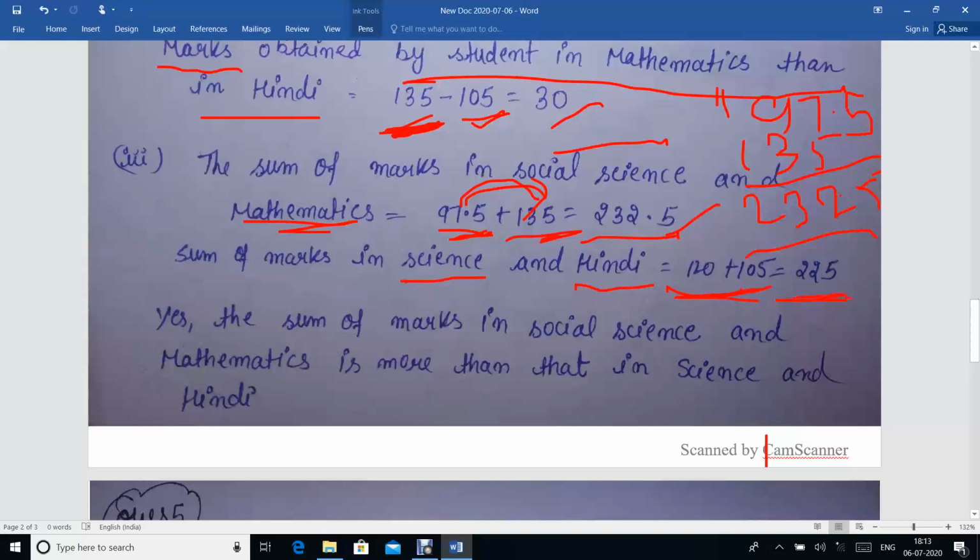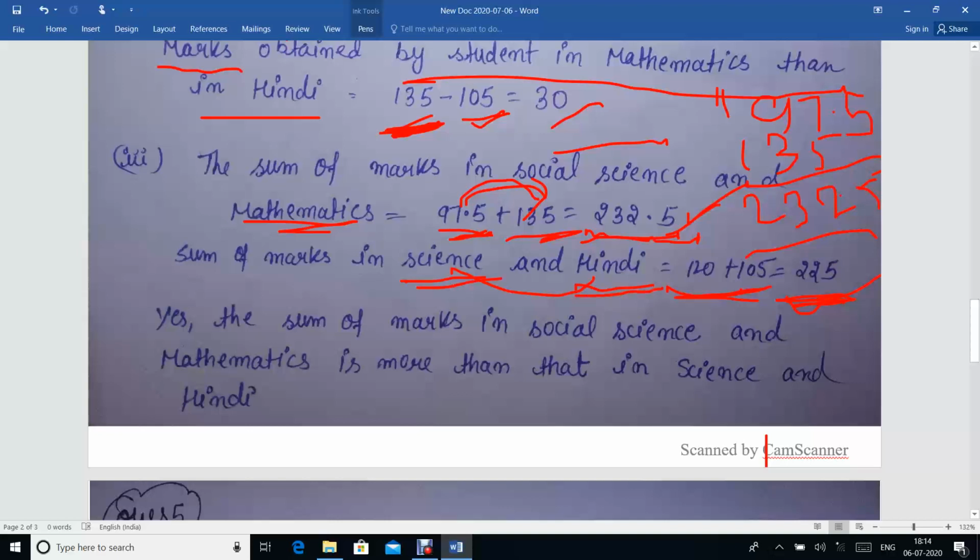Now here is 225 and here is 232.5. These marks are more than the marks he obtained in science and Hindi, means the marks obtained in social science and mathematics are more than the marks he got in science and Hindi.